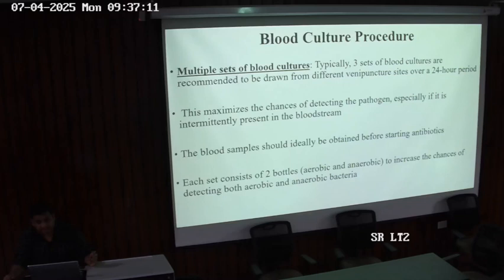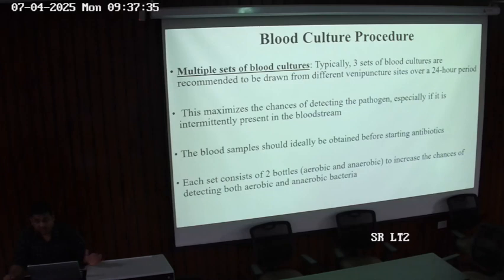Typically 3 sets of blood culture are recommended to be drawn from different sites over a 24 hour period. So 3 bottles of blood culture at different sites of venipuncture. This maximizes the chances of detection of the pathogens. That's why 3 bottles are recommended for blood culture. The blood sample should ideally be obtained before starting antibiotics.